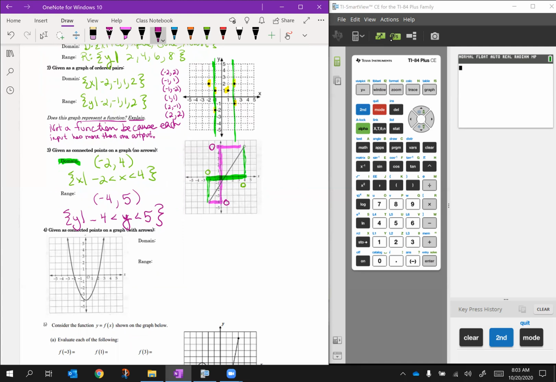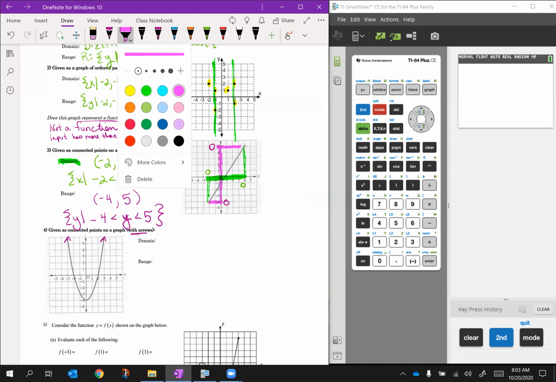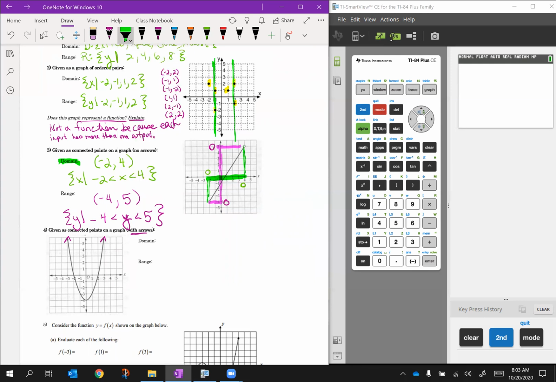Given the connected points on the graph with arrows, this keeps going forever here, forever here. Domain. So let's go back to our green highlighter. Domain. So I'm going farthest to the right, farthest to the left. See how these arrows keep going?